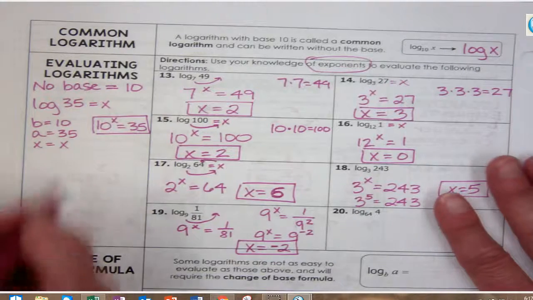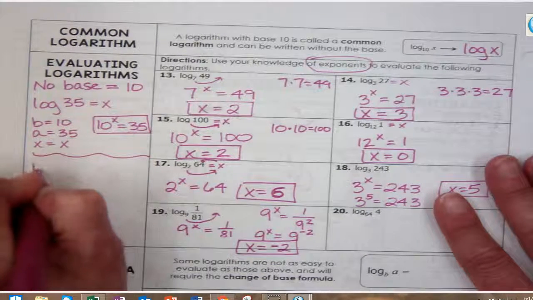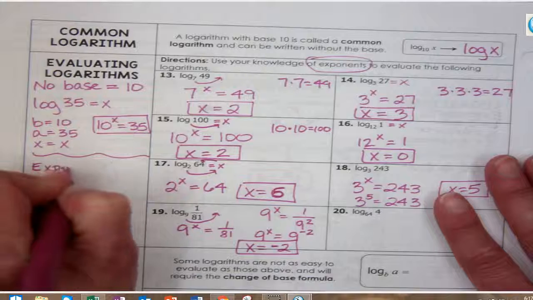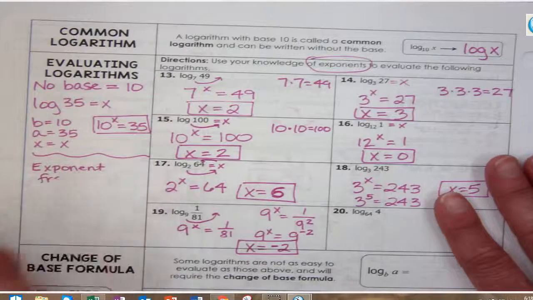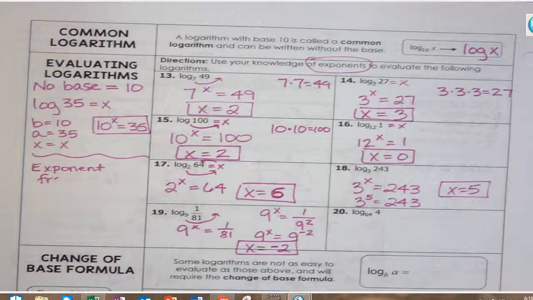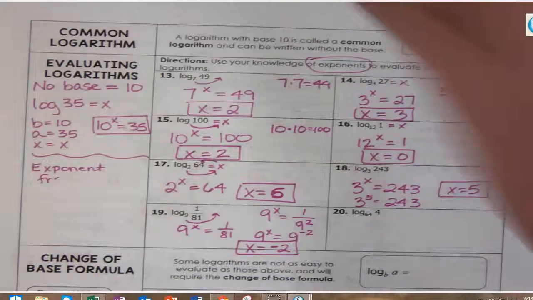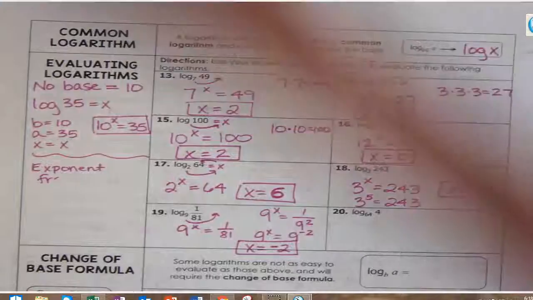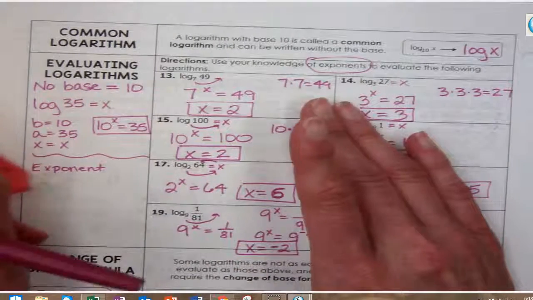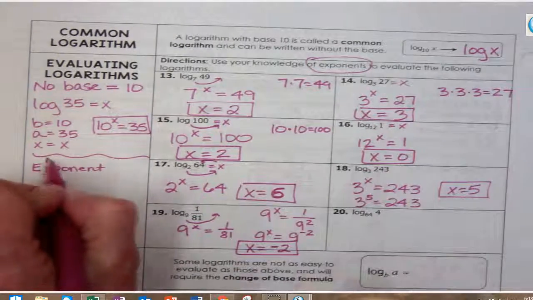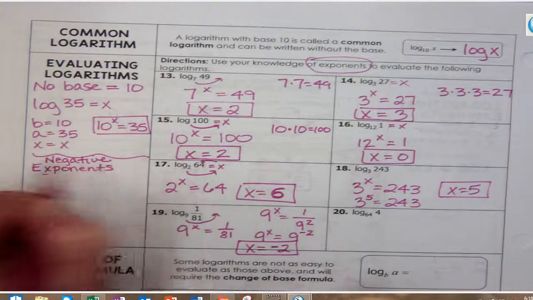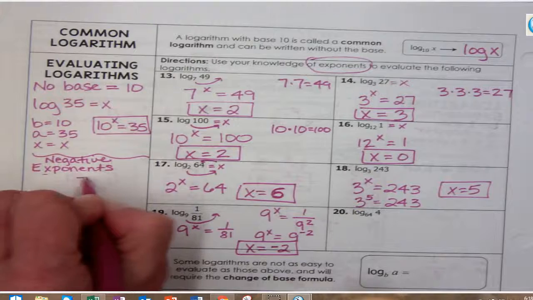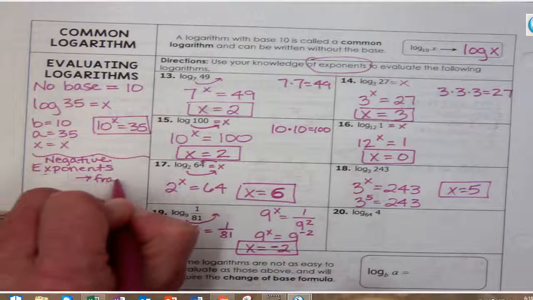Alright, just keep in mind that negative exponents are fractions.